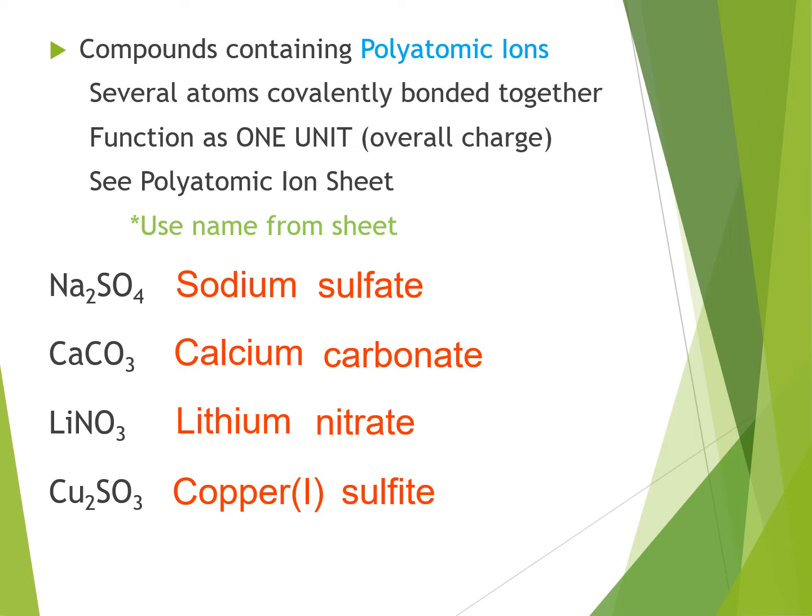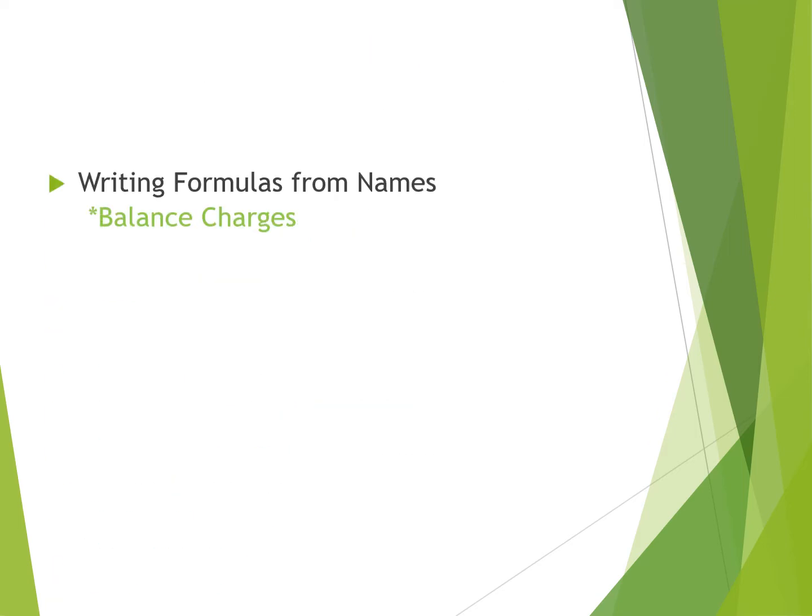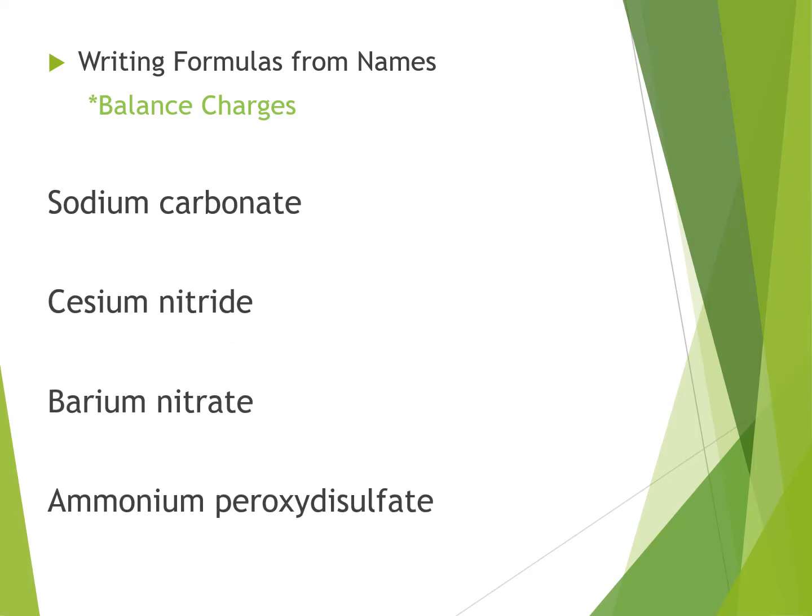So this is copper with a +1 charge, sulfite. Now, what I want you to do is try to write the balanced formulas for this. And yes, the last one, I am messing with you. Take your best shot at it. Write in pencil. So take a minute. Start again when you're back.